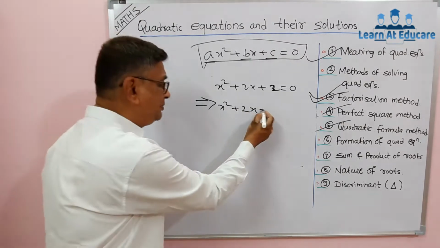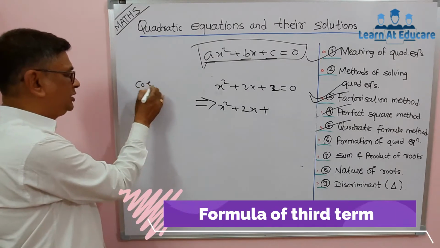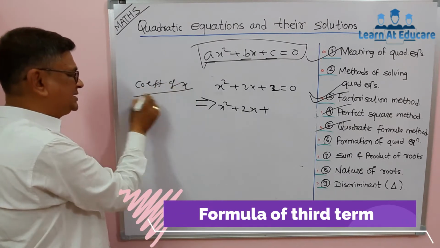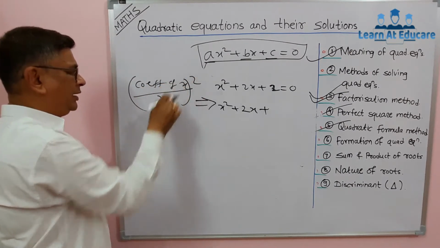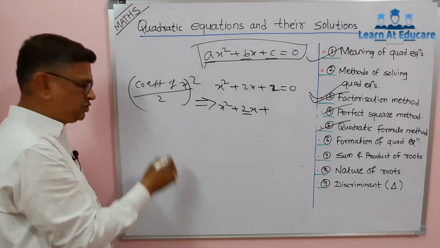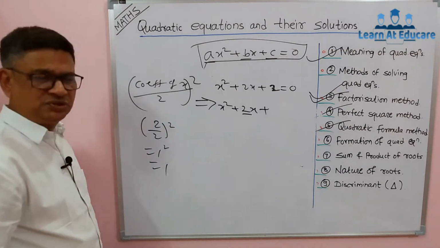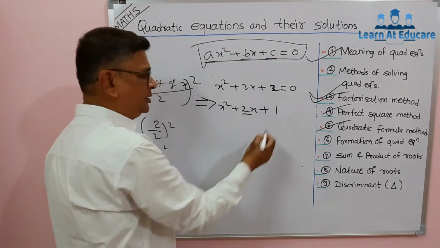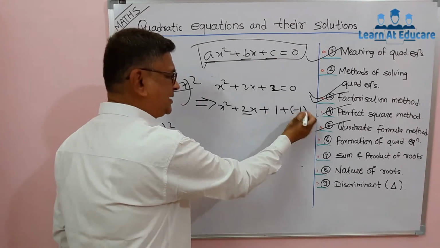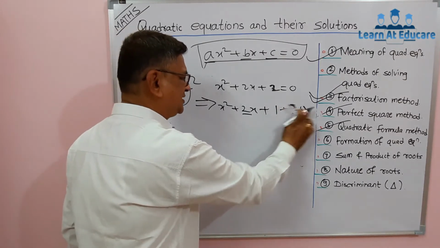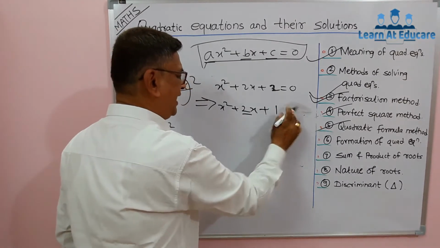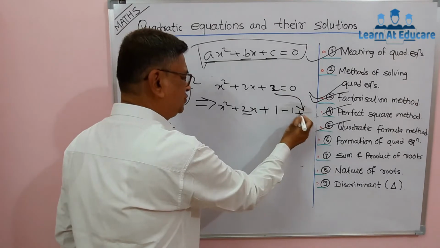Now the third term is added. The formula for the third term is (coefficient of x / 2)². What is the coefficient of x here? It is 2, so that will be (2/2)², which means 1² = 1, so you need to add 1. For balance it is required to subtract 1, so +1 −1, and then the remaining +2 is written as it is.